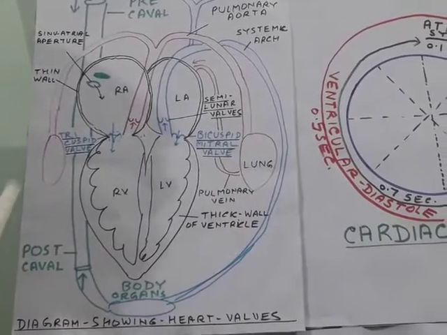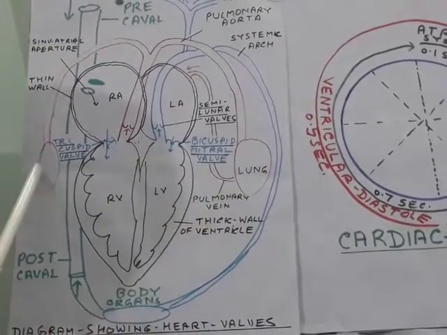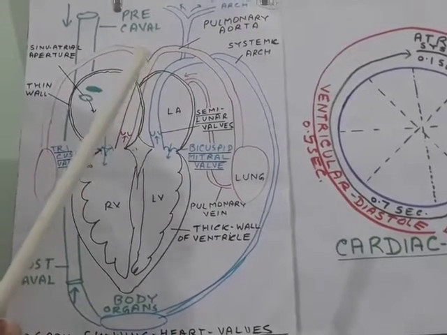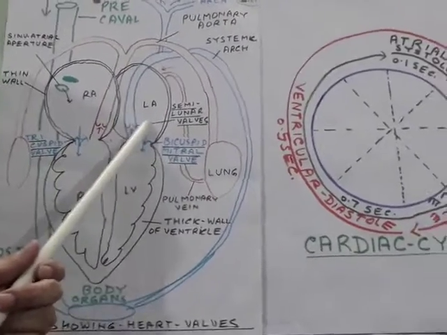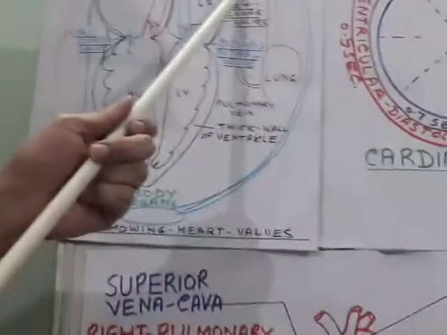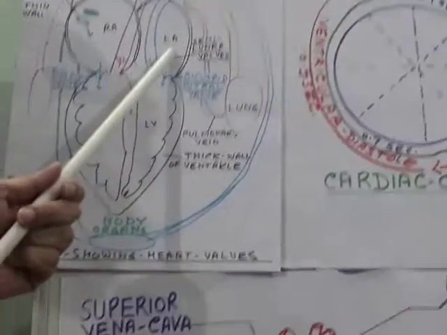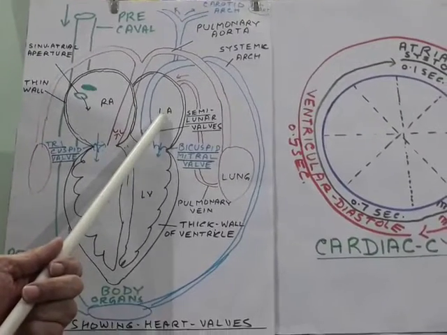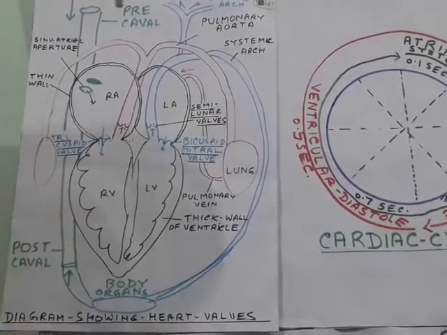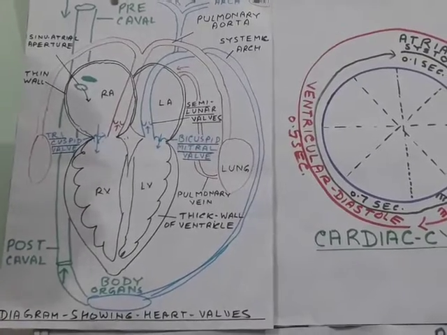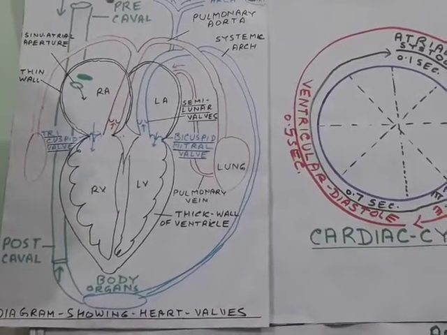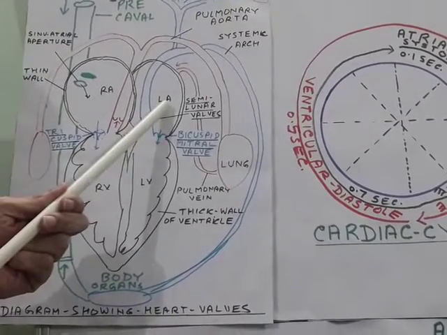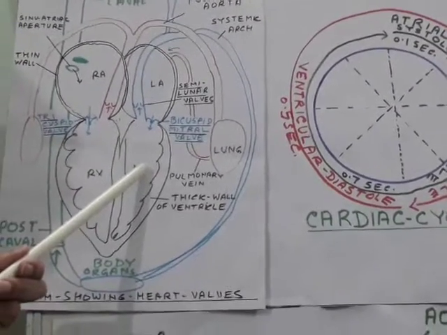It is interesting to note that there are 2 lungs, and from each lung 2 veins come out into the left atrium. So a total of 4 veins come back from the lungs into the left atrium. There are 2 types of valves in the heart, one in between the left atrium and left ventricle.